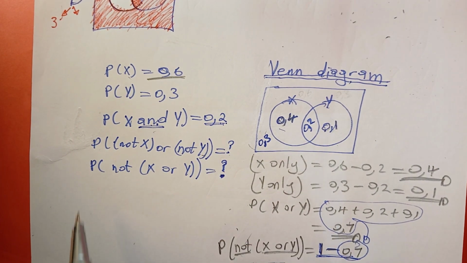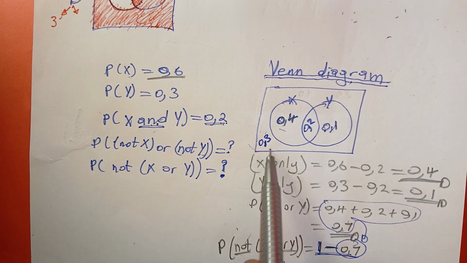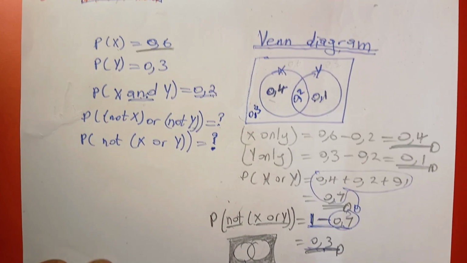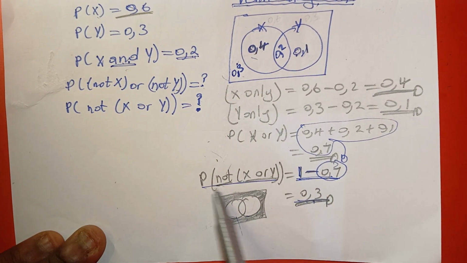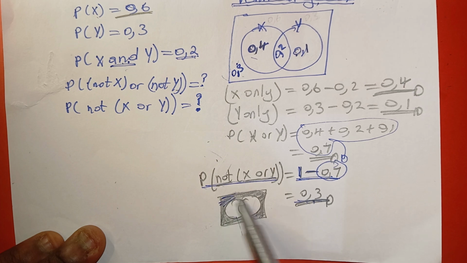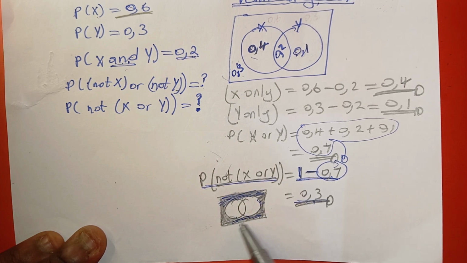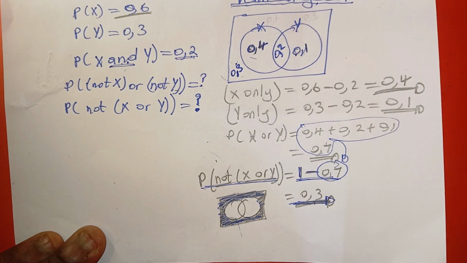So to calculate this, you can even identify it according to your diagram. I'm referring to what is outside there, and to calculate it, I found out that it was 0,3.